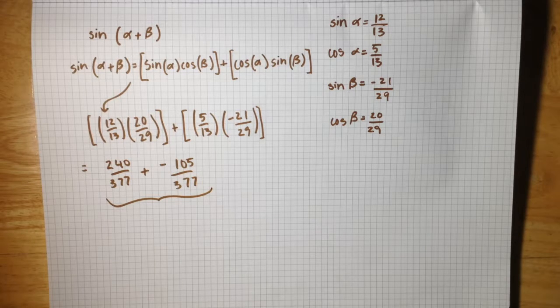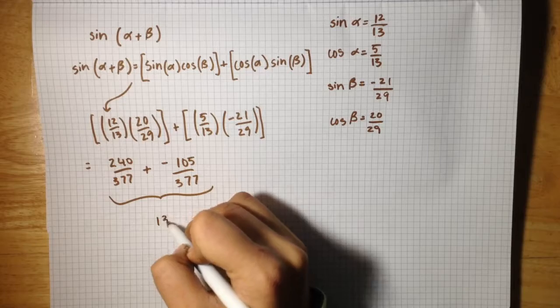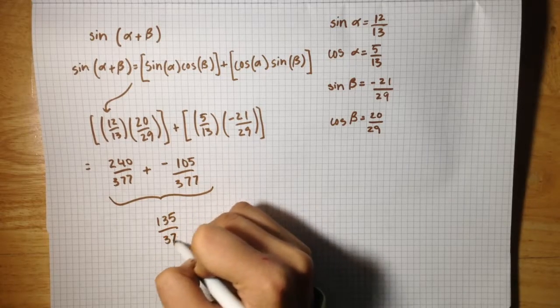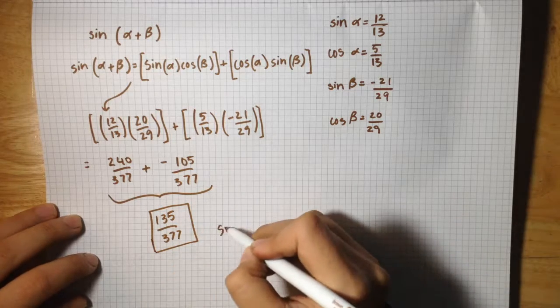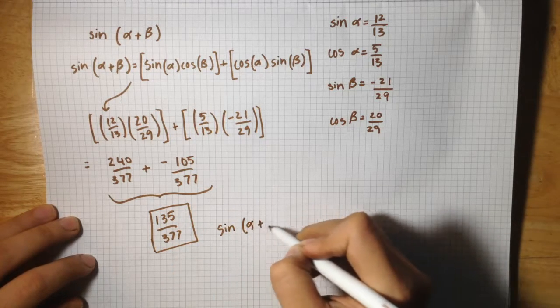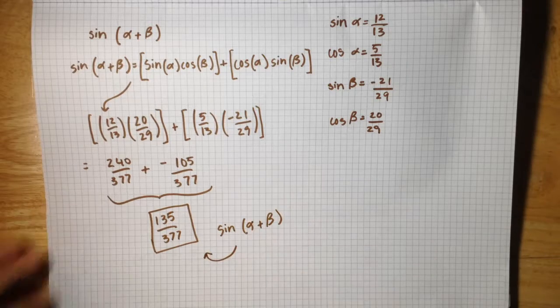Simplify this and I get 135 over 377. This is how to write sine of alpha plus beta in its exact form.